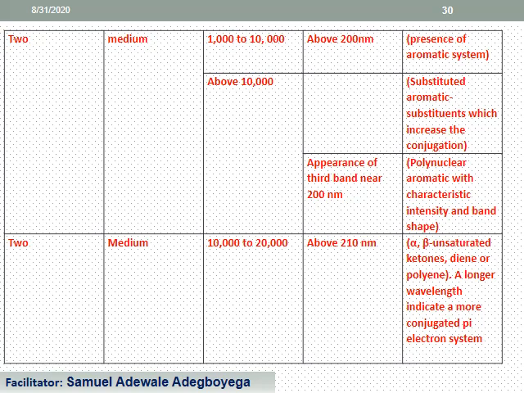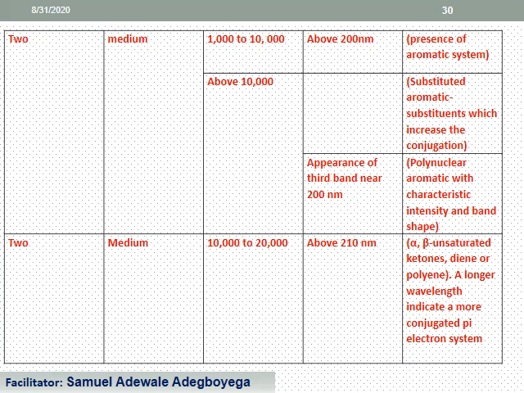And if it is above 10,000, you could be talking about a substituted aromatic substrate, which increases the conjugation. Perhaps you may have the appearance of a third band near 200 nanometers, which may indicate a polynuclear aromatic with characteristic intensity and band shape.